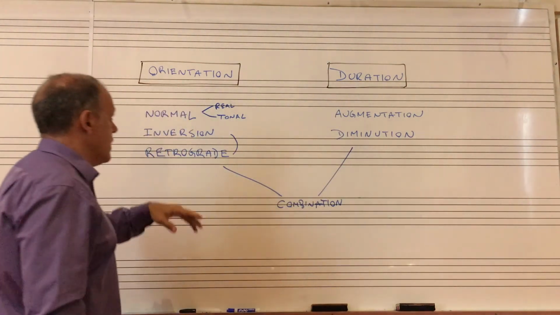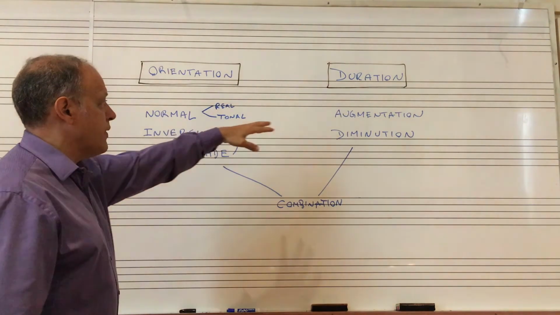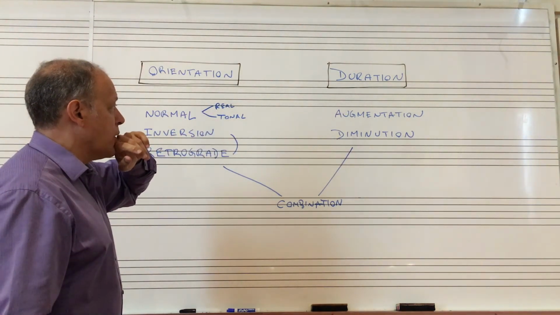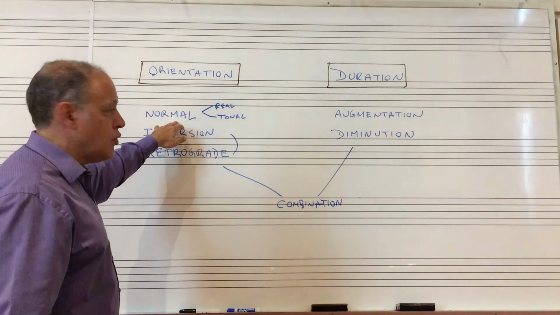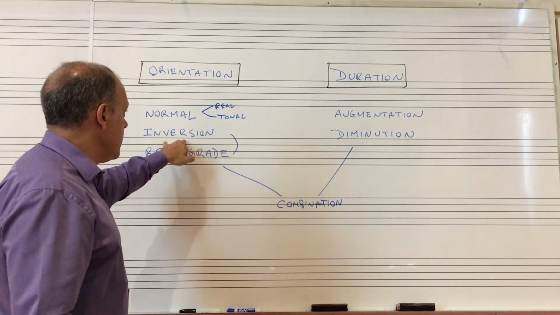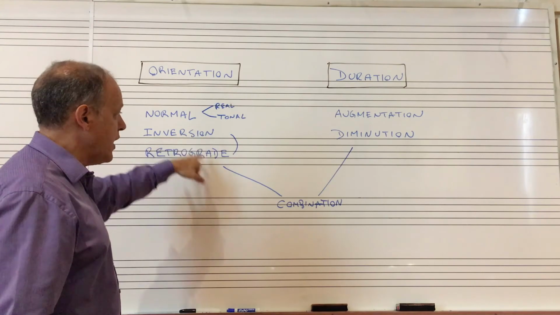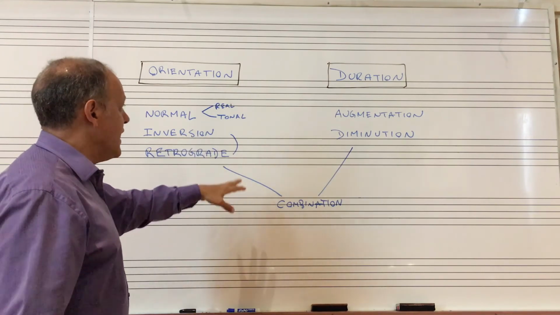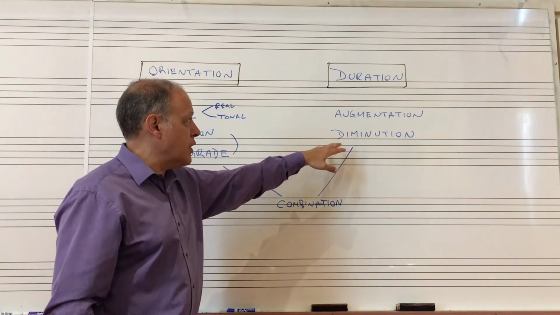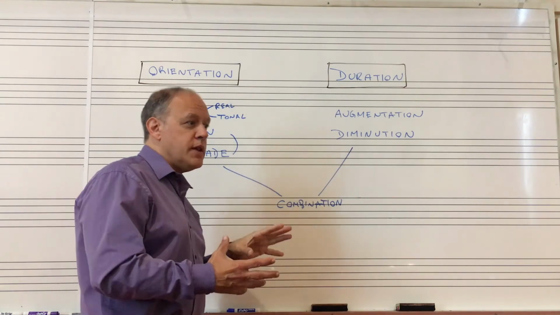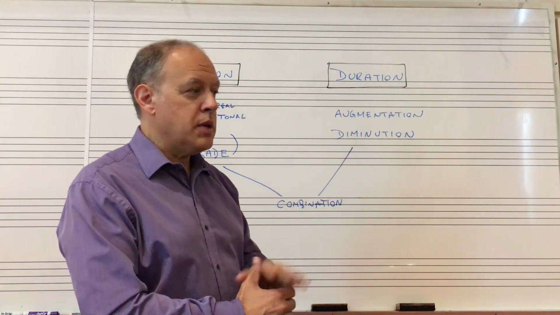So I could have, of course, obviously, if I hear something augmented, it could be normal imitation, it could be of an inversion, it could be of a retrograde version, it could be of a retrograde inversion. And likewise, I could do the same thing with diminution. So all of these components can be combined.